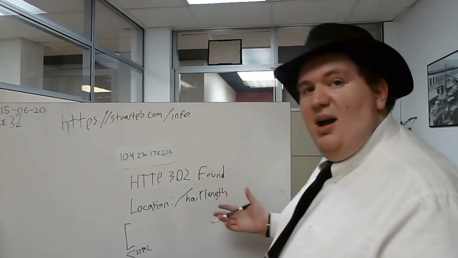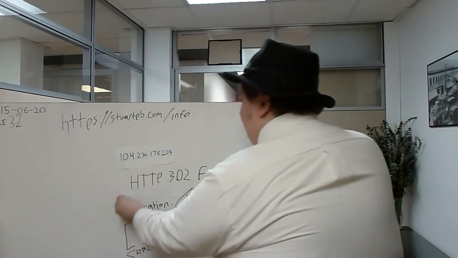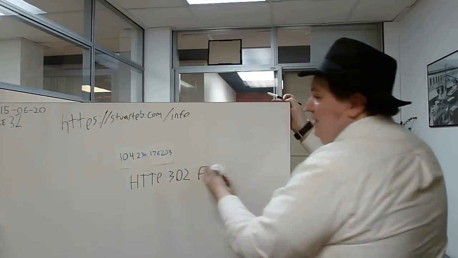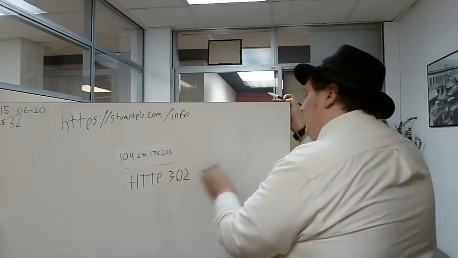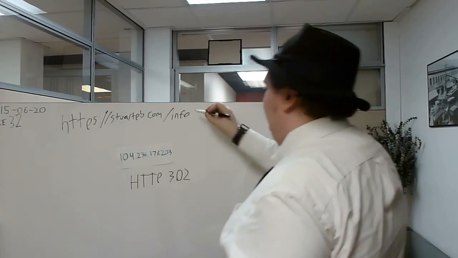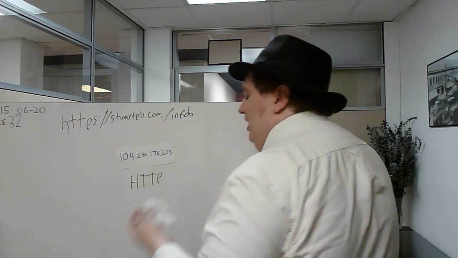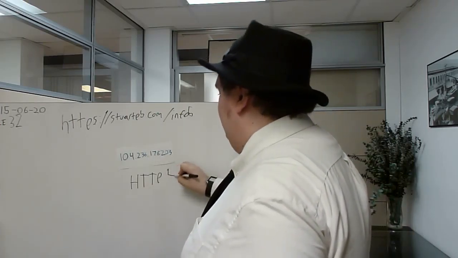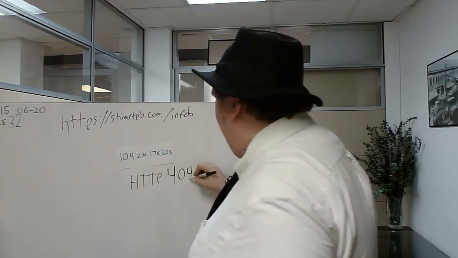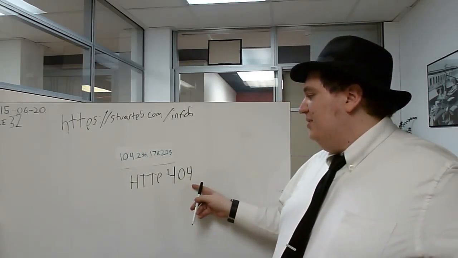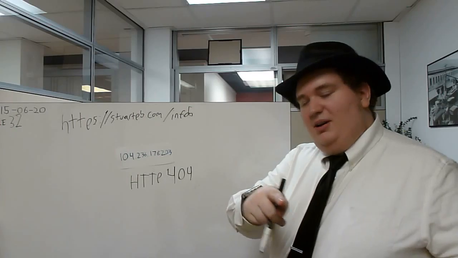But the most common case where you've probably seen an HTTP status code is, so 302 means that it's found and it's somewhere else. But if you asked for infob, which is not an actual page on my site, you get an HTTP 404. All of the 400 status codes mean that you've done something wrong.